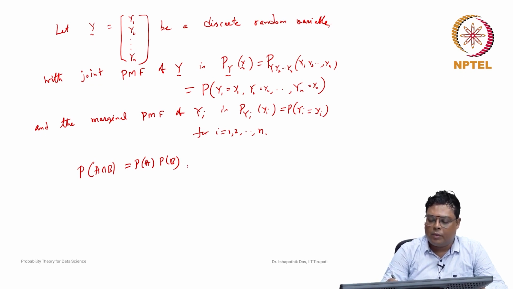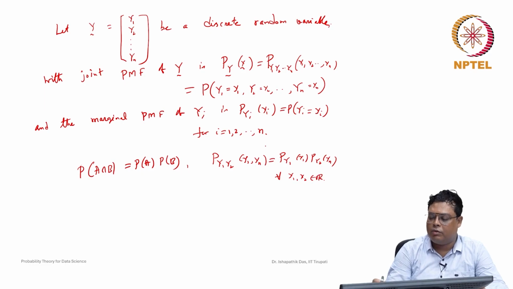For two random variables, we say they are independent if their joint probability mass function can be represented as the product of their marginal probability mass functions, for all y1, y2 belonging to real numbers.